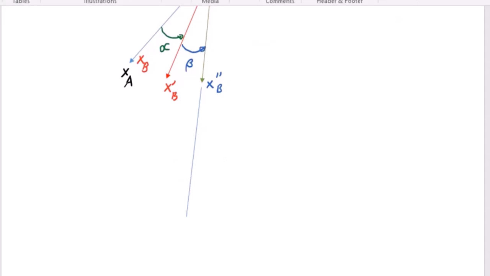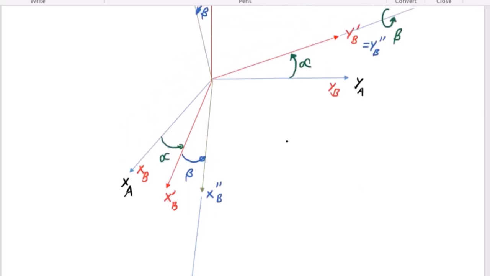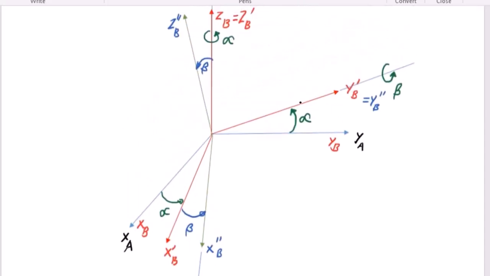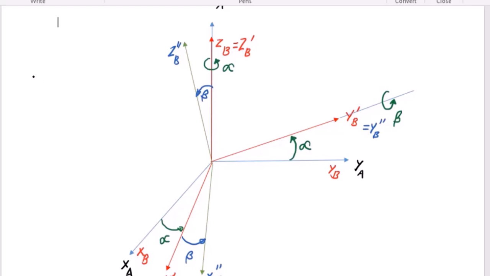So with this axis, this will be rotated by the angle gamma. That angle is called gamma. So we'll rotate that one, the gamma. That affects the other axes of the body attached frame, the YB double prime and the ZB double prime.